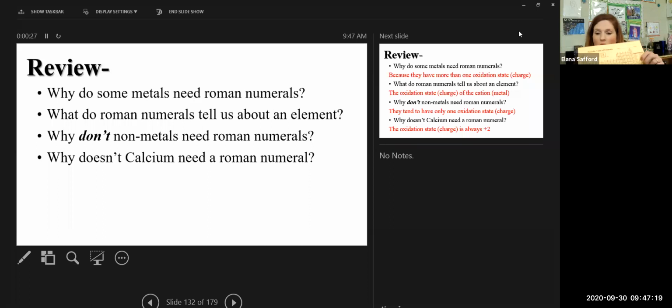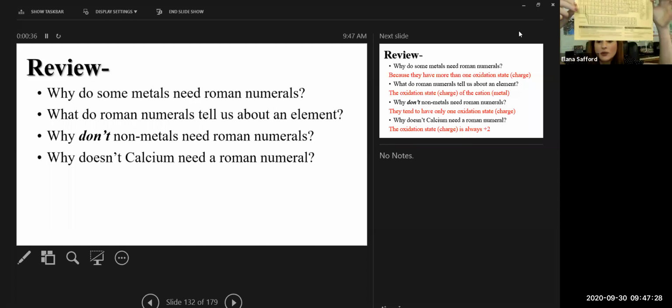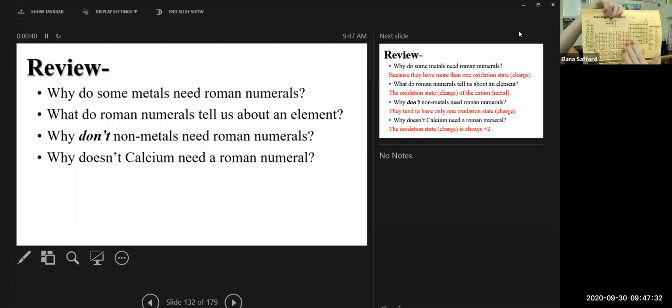If you're at home, you're probably not going to have it on yellow paper, but we have given you a copy of this. Some metals, the ones in the middle, the B group, need a Roman numeral because they don't have set oxidation numbers. At the beginning of the year, when we learned group 1 and 2, and then our nonmetals, these all have their set oxidation numbers.